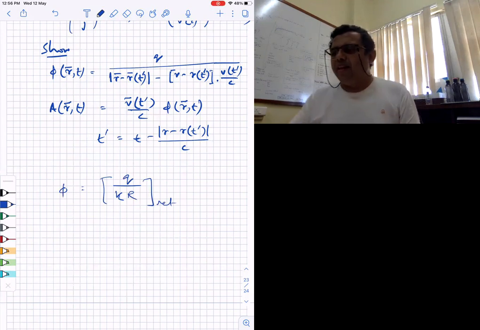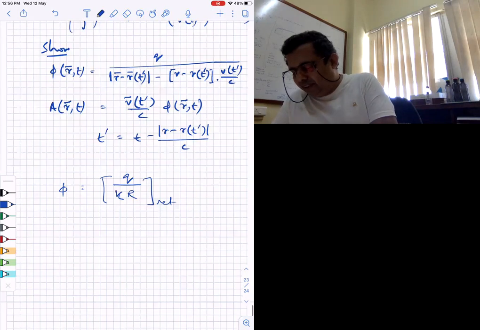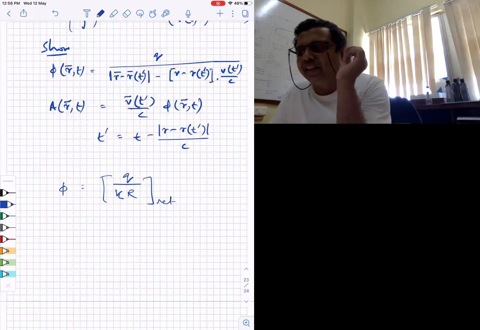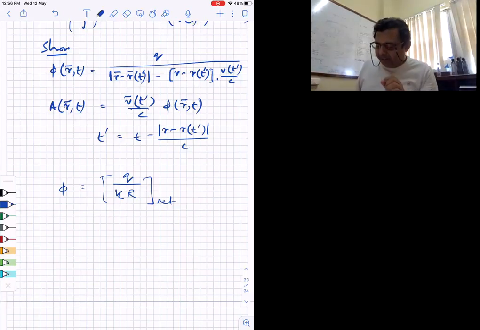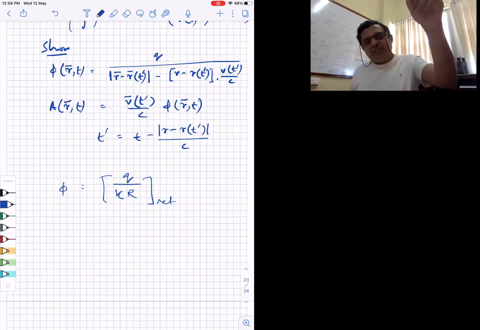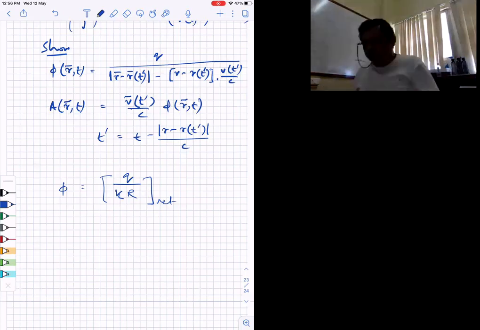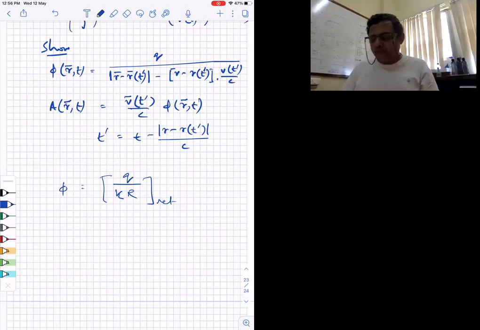Your big R is basically the small r minus r of t that I wrote. The kappa will be something else. This kappa will be in terms of which direction you're looking at and the direction of the velocity. You can look it up in Jackson.